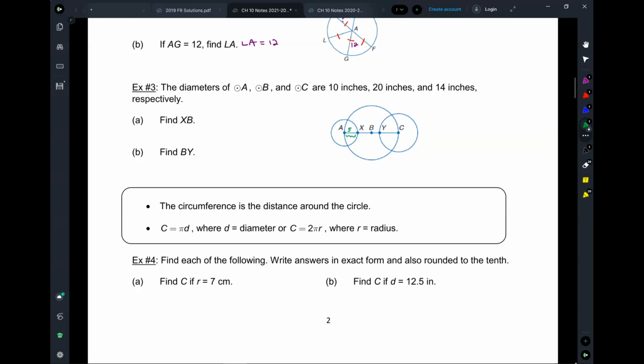So the diameter of circle B is 20 inches. So how much is this one? 10. I'm saying the whole thing. And now the diameter of circle C is 14, so this is 7.